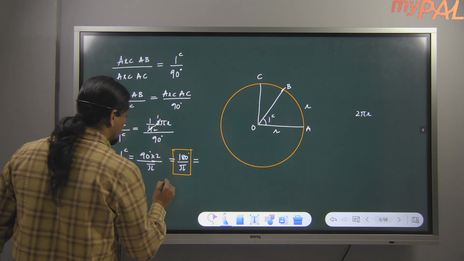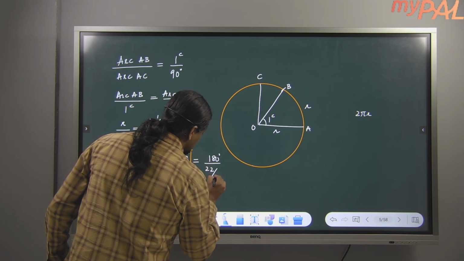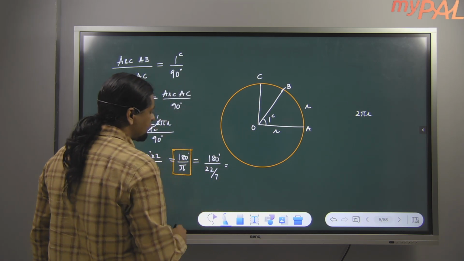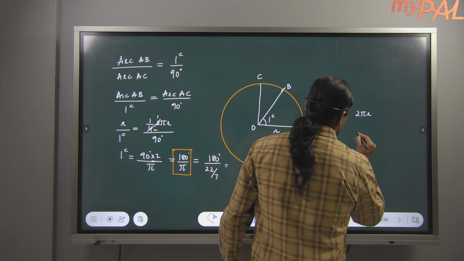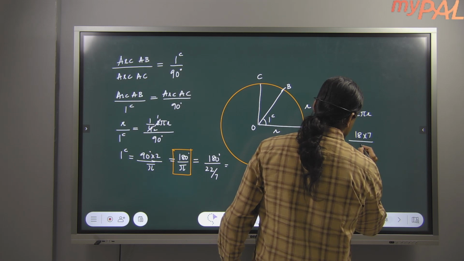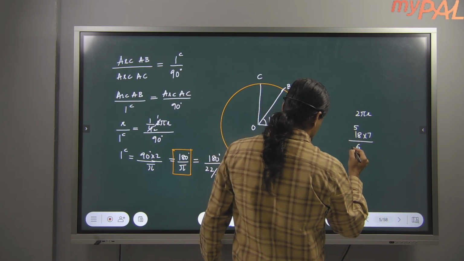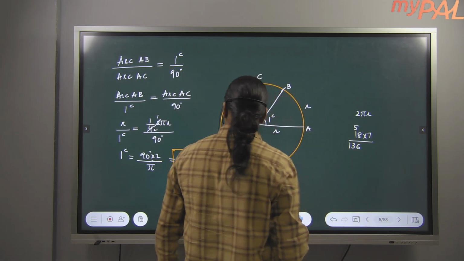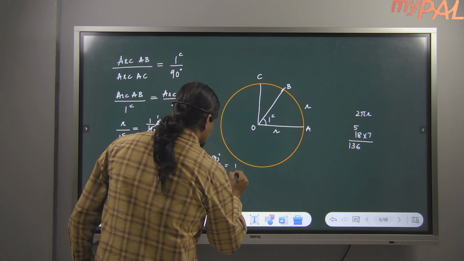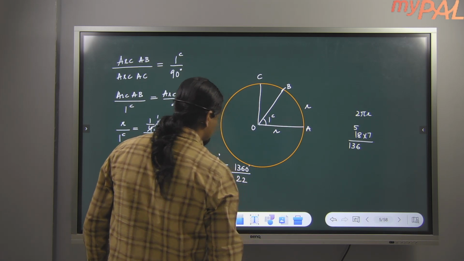What about 22 by 7? I told you that pi is nothing but 22 by 7. And when I do this, I have to do 180 into 7. 18 into 7 is 7, 8 are 56, 5, 7 ones are 7 plus 5, it's going to be 13. Correct? It's going to be 1260 whole divided by 22.